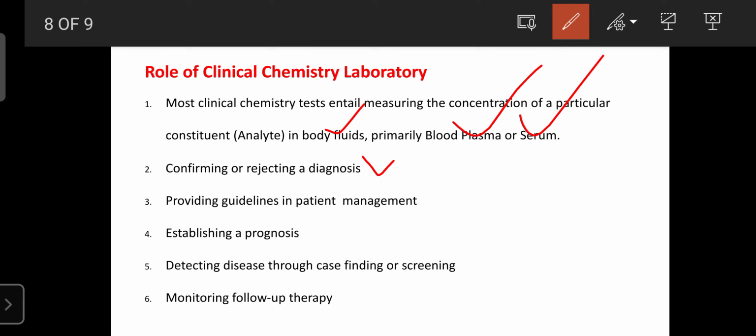With their help we can confirm or reject whatever diagnosis was made by the medical professionals. And also it can provide guidelines in patient management.